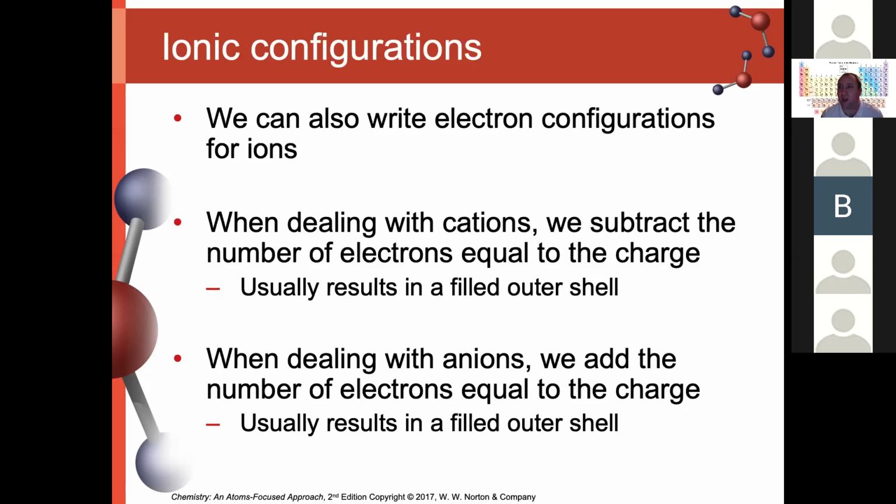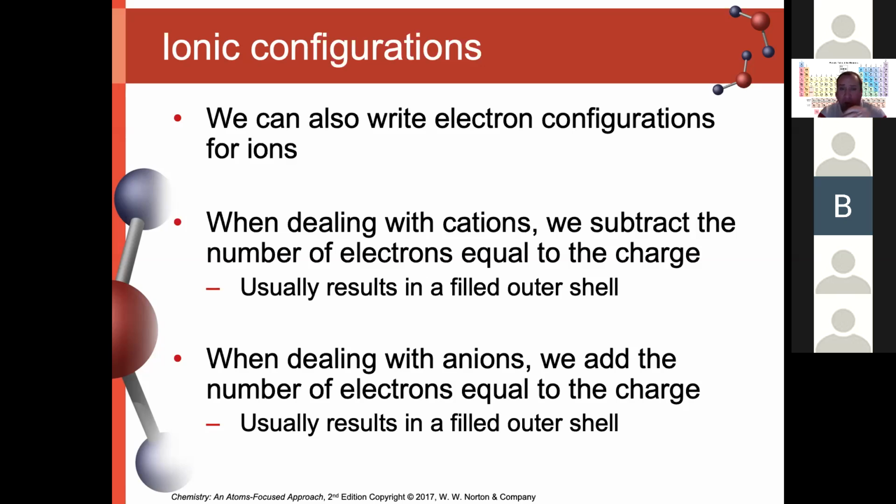So when we have cations, that's positively charged ions, we're going to subtract the number of electrons equal to the charge. Now, in most cases, that is, most things that are not transition metals, this means that we're going to have a filled outer shell.